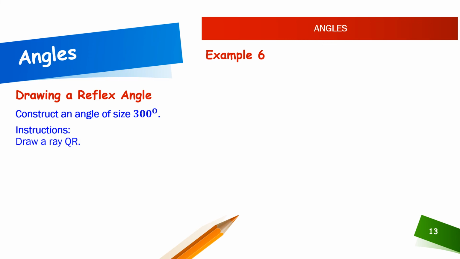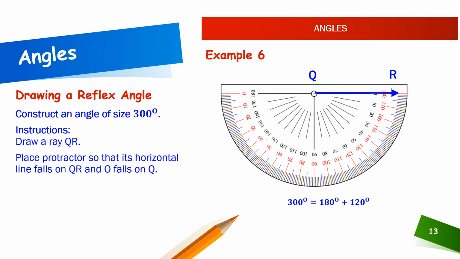As usual, begin by drawing a ray QR, as shown. Now 300 degrees equals 180 degrees plus 120 degrees. So we need to flip our protractor and find 120 degrees on it. Place the protractor as shown so that its horizontal line falls on QR and O falls on Q, as shown.